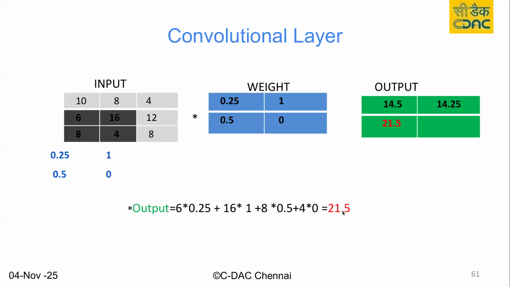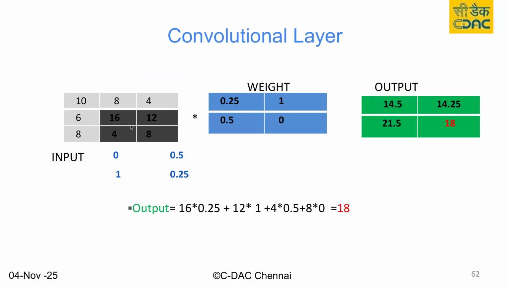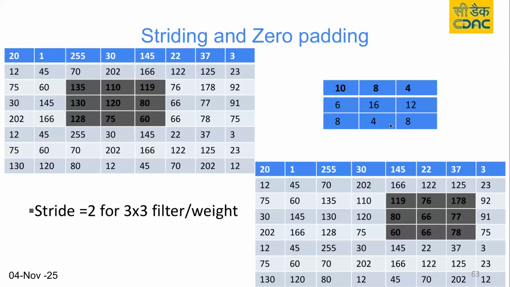Then again I consider this 2 cross 2: 6 into 0.25 plus 16 into 1 plus 8 into 0.5 plus 4 into 0, I get 21.5. Again, for this 2 cross 2 matrix: 16 into 0.25 plus 12 into 1 plus 4 into 0.5 plus 8 into 0, I'll get 18. So I will get an output matrix of size 2 cross 2 after performing the convolution operation.